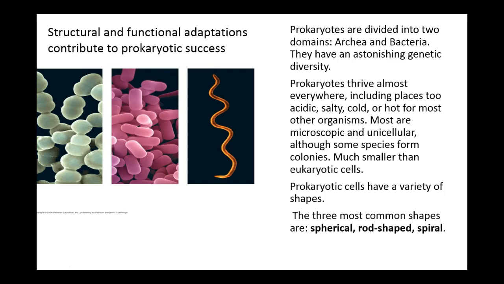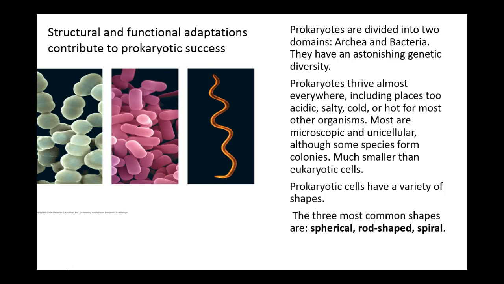There are basically three different types or shapes. The most common shapes, these aren't the only shapes, with regard to prokaryotic cells. They're divided, and so just to repeat, prokaryotic, and I guess we're just introducing this word right now, prokaryotic. Remember, we talked about the difference between eukaryotic, prokaryotic.